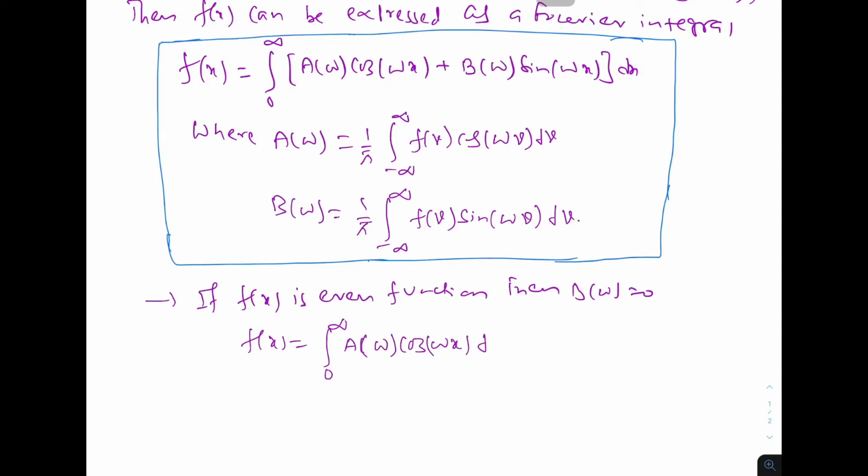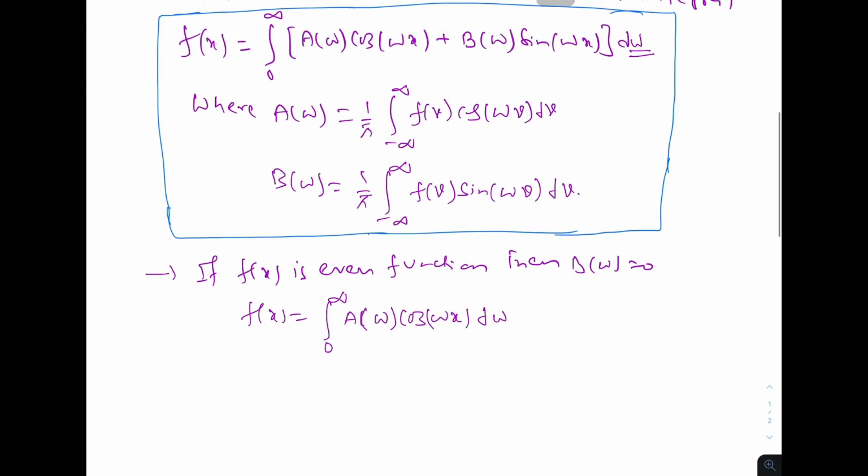This is an integration with respect to omega. And A(omega) is now 2 by pi integration 0 to infinity f(v) cos(omega v) dv, because it is an even function.